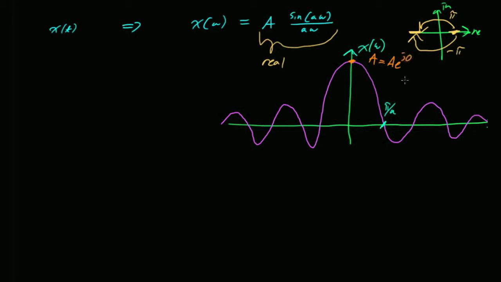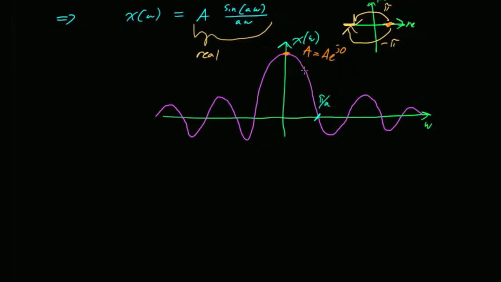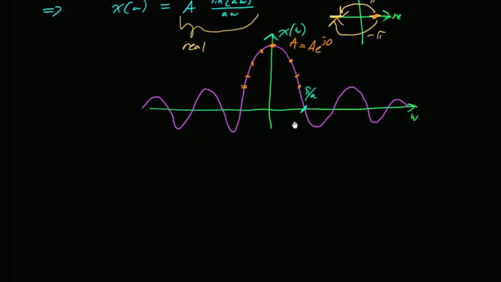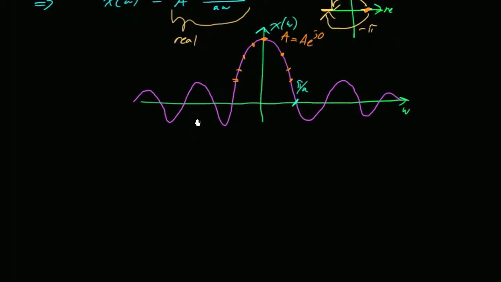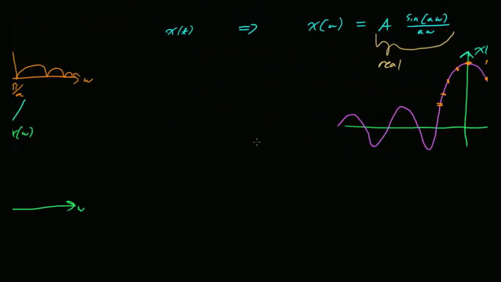It's just a positive real number. So here my phase angle is 0. What's my phase angle here? 0. And here? 0. So as long as x of omega is a positive real number, my phase angle is 0.